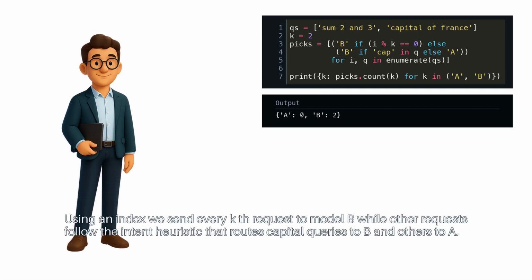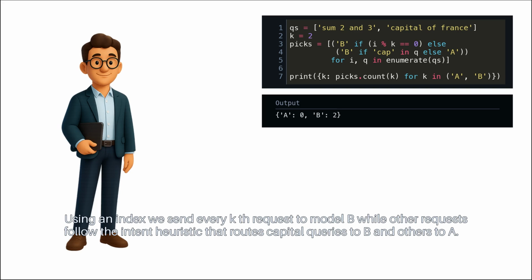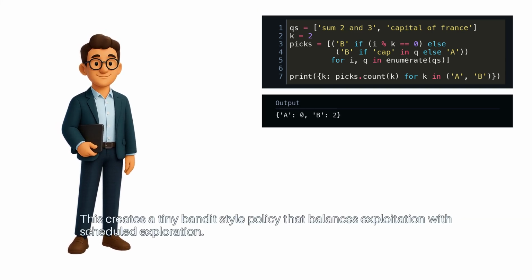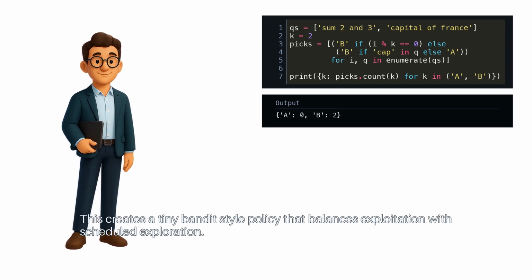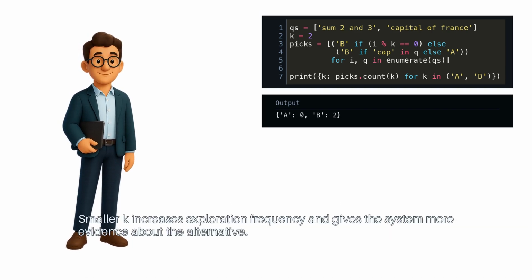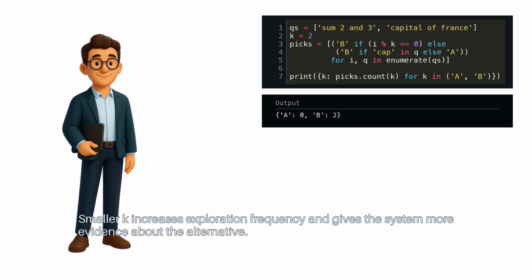Using an index, we send every kth request to model B, while other requests follow the intent heuristic that routes capital queries to B and others to A. This creates a tiny bandit-style policy that balances exploitation with scheduled exploration. Smaller K increases exploration frequency and gives the system more evidence about the alternative.